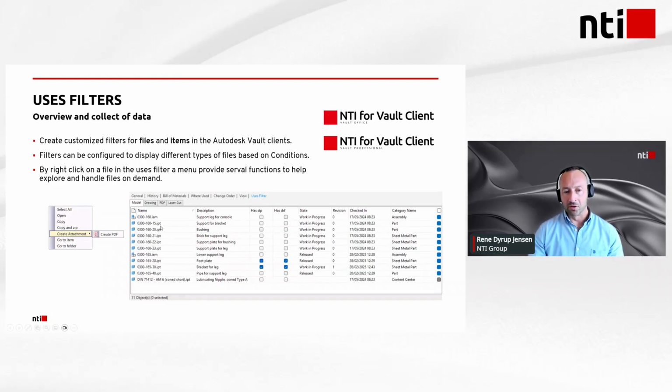From this overview, I can also mark one or multiple instances, right-click, and from the right-click menu initialize different things, like I want to collect the files, or I want to schedule jobs for the files. So this is an example of how you can work with a manual approach inside Vault without doing any lifecycle state transitions.